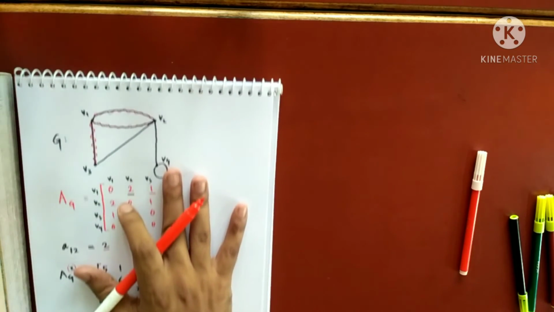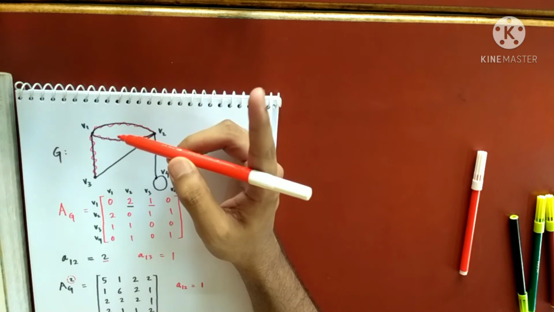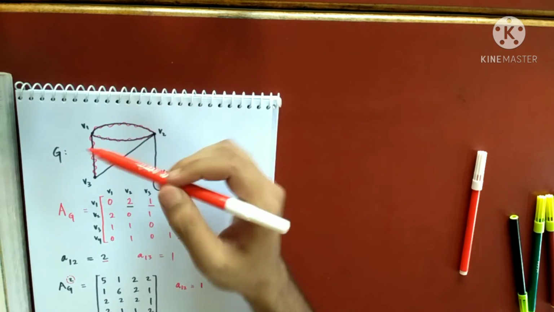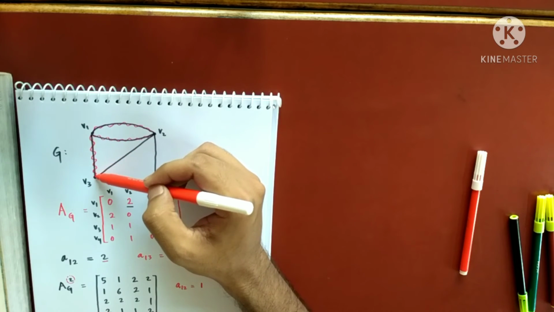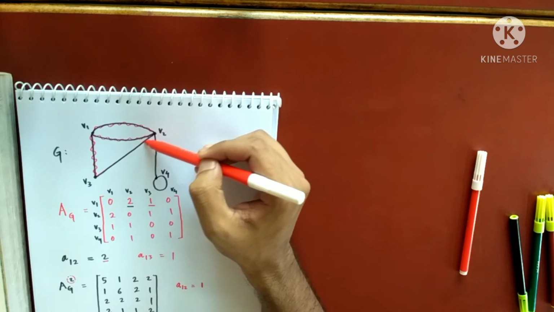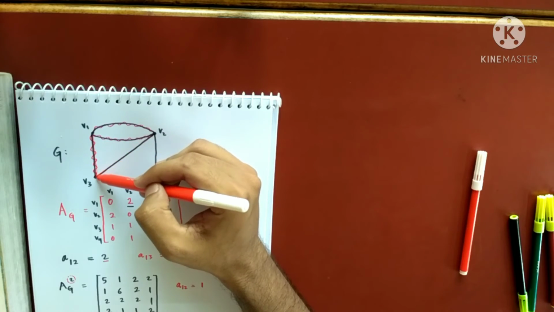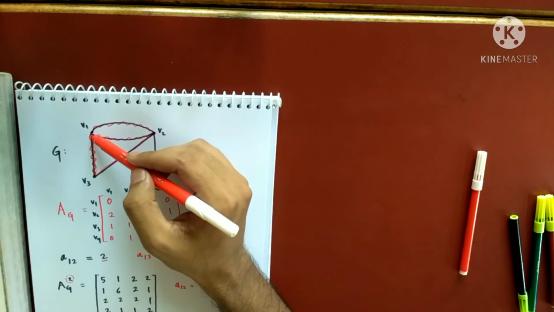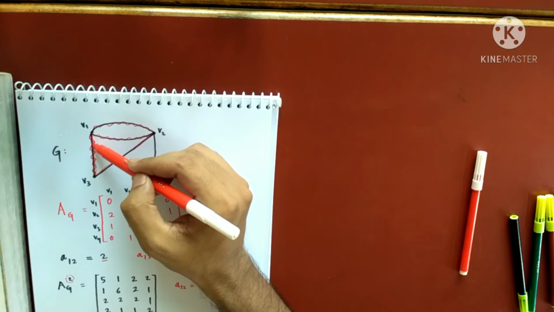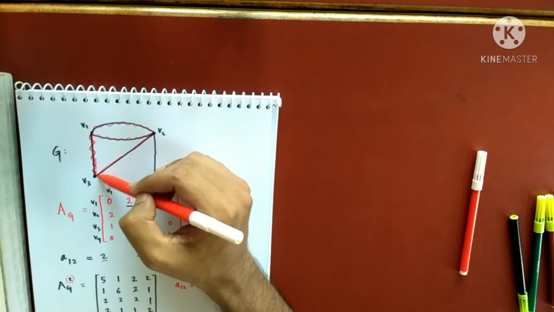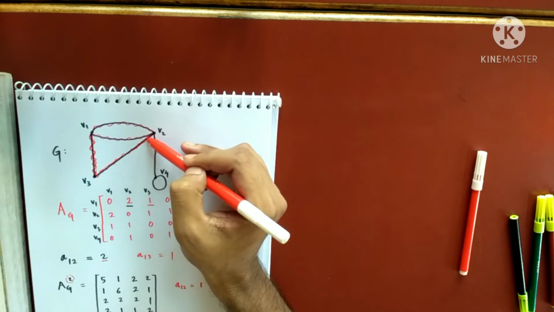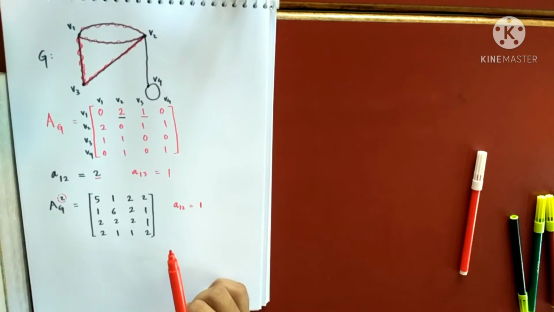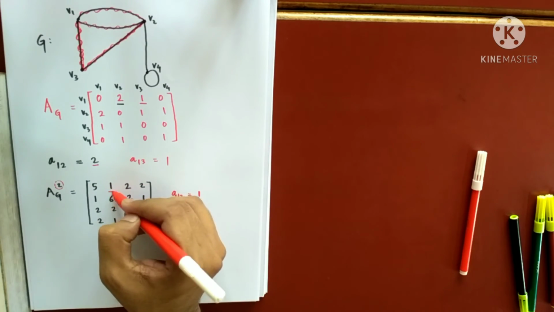Okay, you can check which is the walk of length 2 from the first vertex to the second vertex. Only this walk is possible. Can you find any other walk whose length is 2 and from V1 to V2? Only this walk is possible, whose length is 2, 1 and then 2. And no other walks are possible from V1 to V2 whose length is 2. And this is again given by this entry. Very interesting.